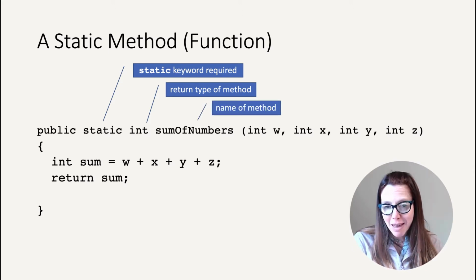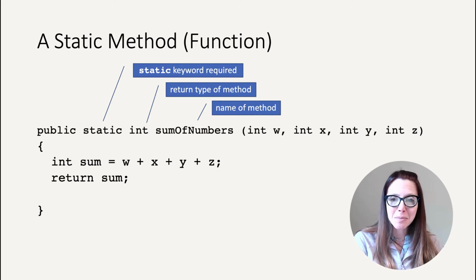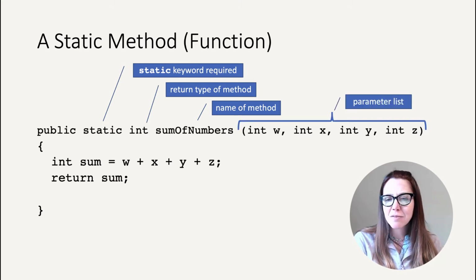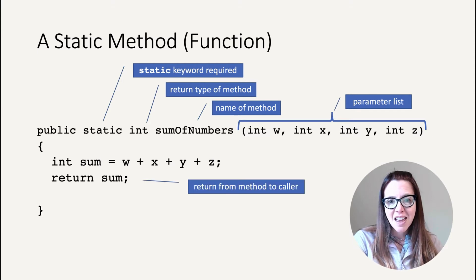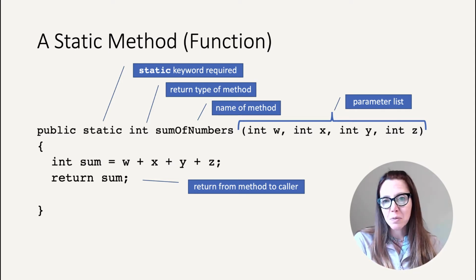The name of the method, in this case sum of numbers, and then the list of parameter variables and their type. So we see in this case we have 4 parameter variables, all of type integer. And finally, recall that there is a return from the method to the calling location. So if this is called from main, this sum would be returned to the main method.